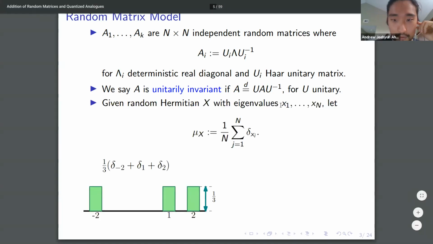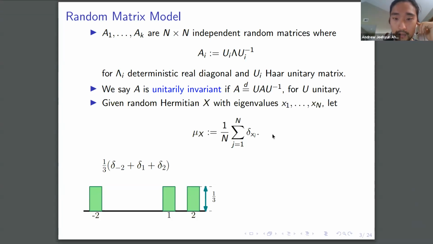Okay, so for this first part of the talk, I will care about the spectral measures of these random matrices. So given a random Hermitian X with eigenvalues x1 through xn, we just say that the spectral measure mu sub x is an average over taking delta masses at the x sub i's, the positions of the eigenvalues.